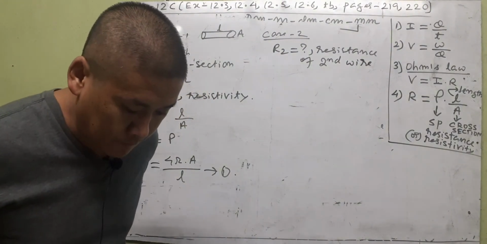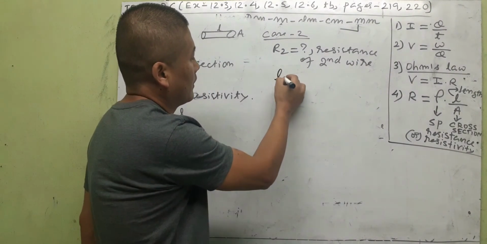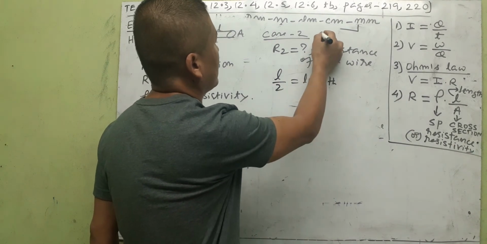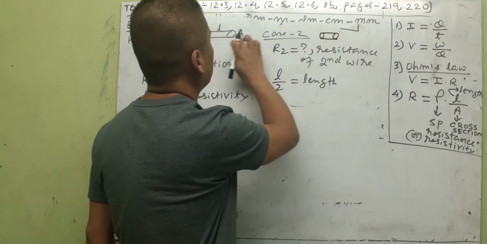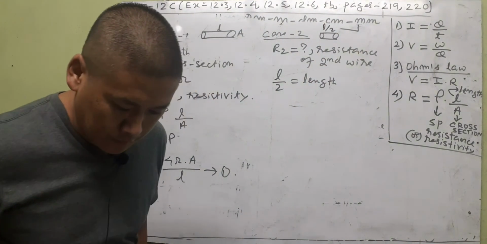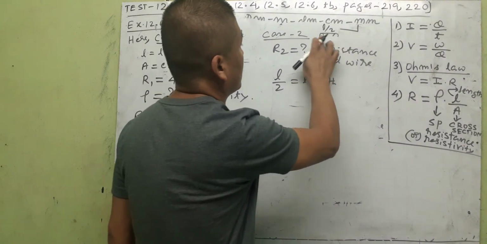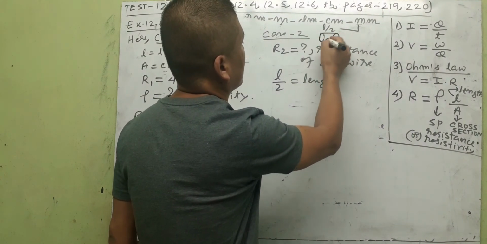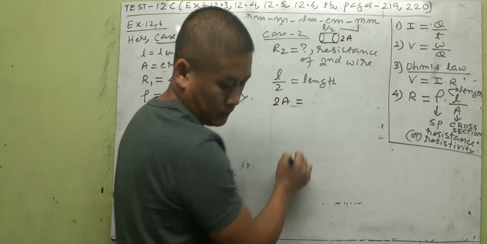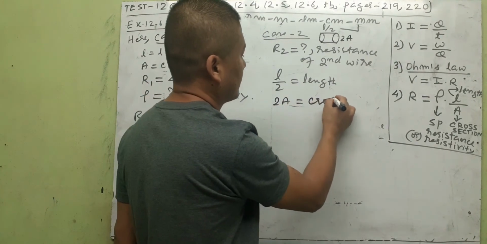Having length L by 2. That means this wire is shorter, half of this. And cross section 2A, so it is much thicker. 2A is the cross section.